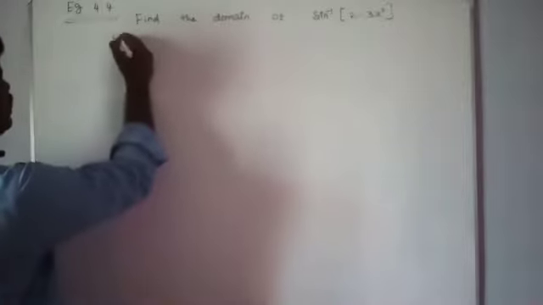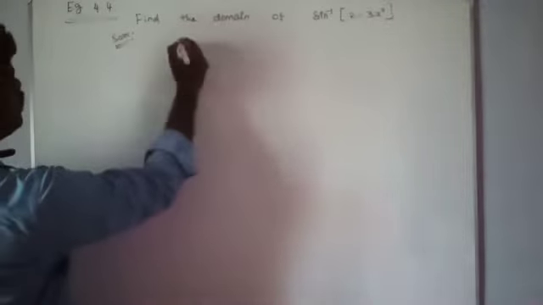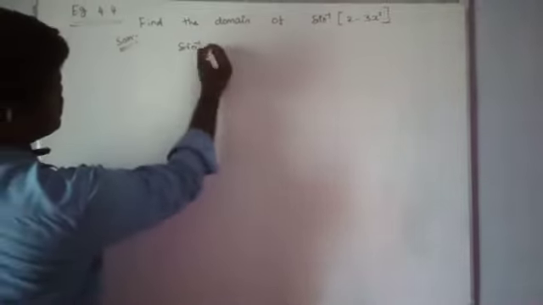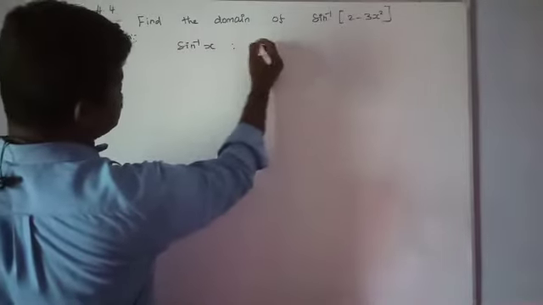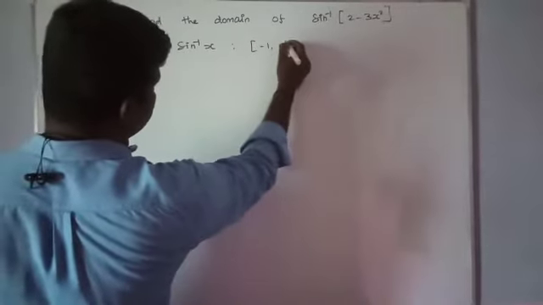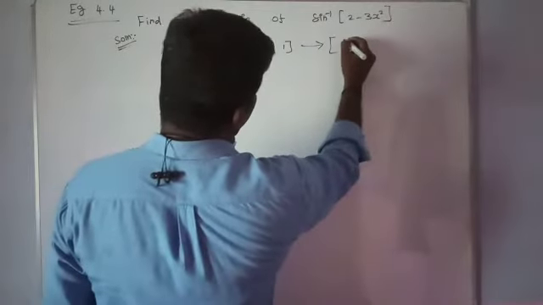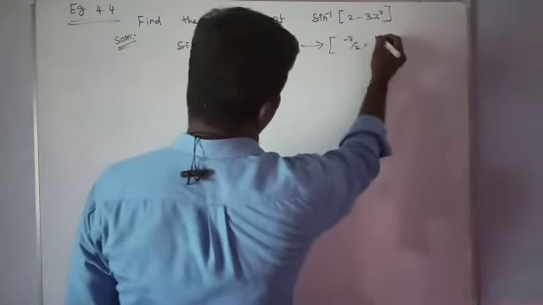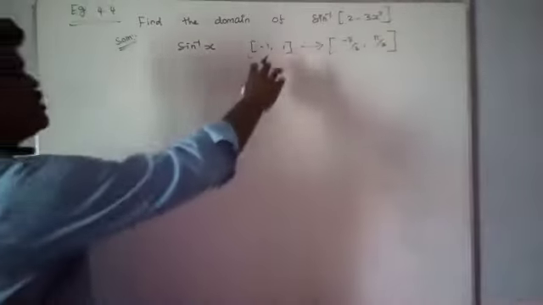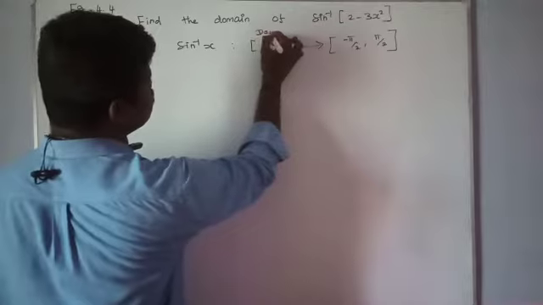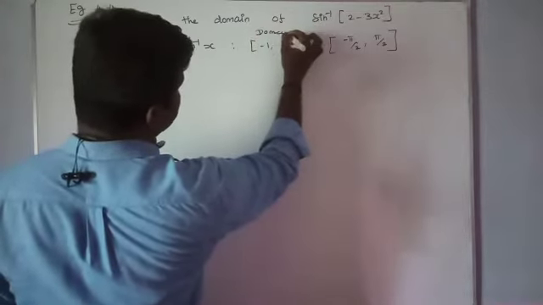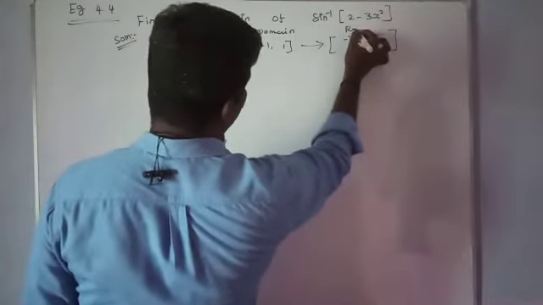Already we know the domain of sine inverse x. The domain of sine inverse x means what? Minus 1 comma plus 1. And the codomain is minus pi by 2 to plus pi by 2. So this is the domain and this is the range or codomain.